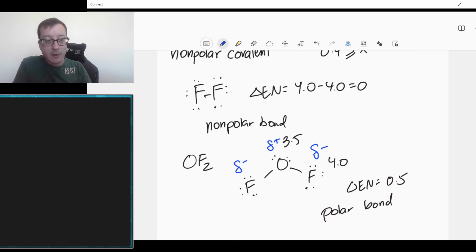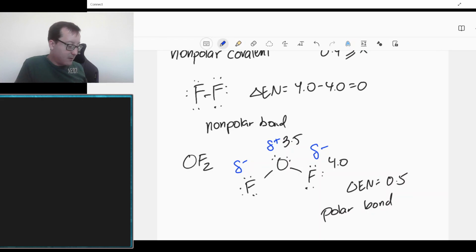So the idea here is that we have an uneven sharing of electrons. And we're going to see next week how having polar bonds in a molecule will affect the entire molecule overall. And then the week after that, we'll explore what happens as a result. So this will be an ongoing discussion of polarity.